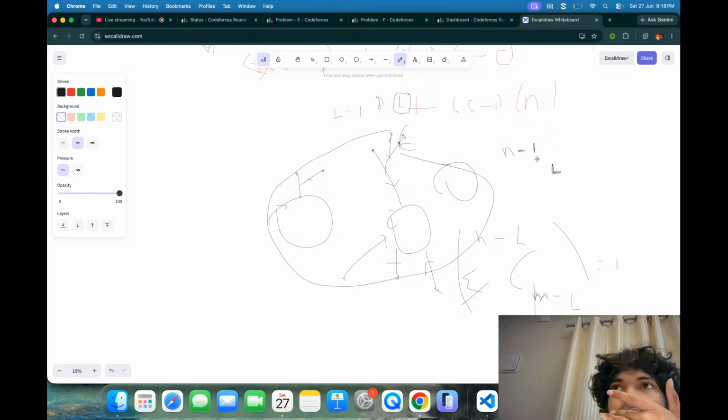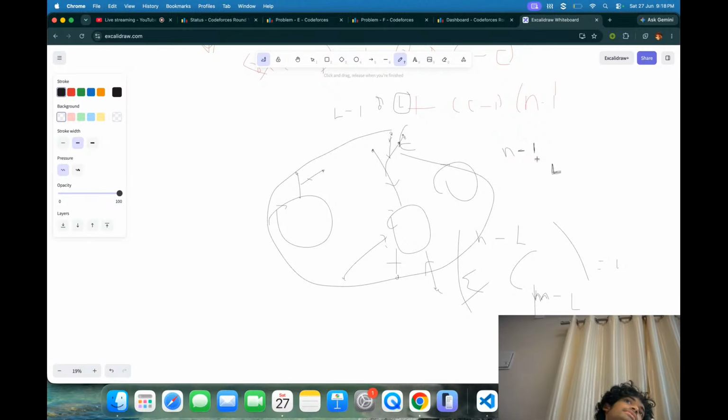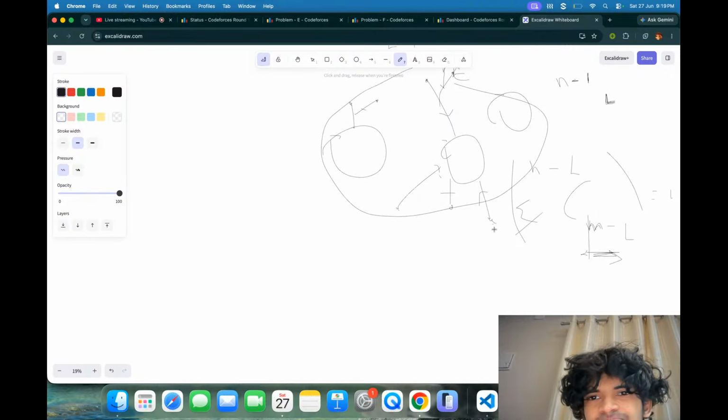It's quite simple. Number of assignments such that number of leaves is this much. It's quite simple, but let's look at that.